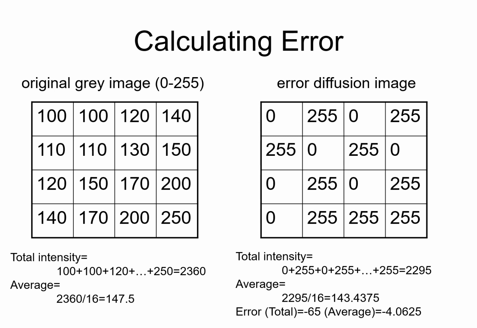The average pixel value in the input image is the 2360 divided by the 16 pixels, which is 147.5, and the average intensity in the new image is just over 143. If we now calculate the difference between those figures, we can see that the total error between the two images is 65, or minus 65 in this case, which shows that the new image is 65 gray levels too dim.